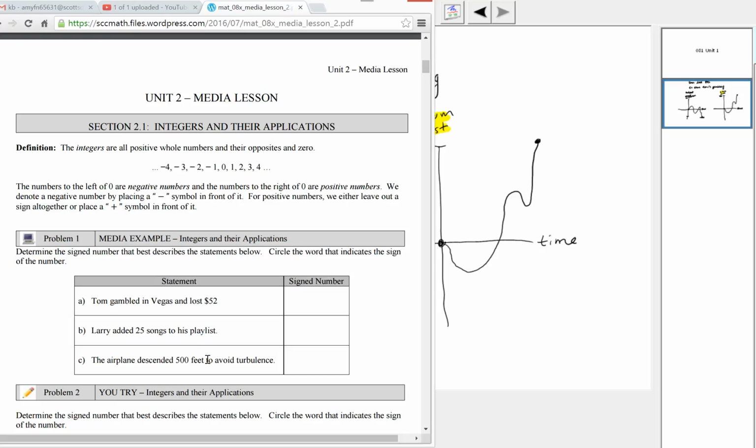And then eventually we're going to ask them to think more about what 0 represents and why this would be negative. So here you're thinking of the number of songs in his playlist, okay, and it's changing in a positive direction. Okay, here we're thinking of the change of the airplane. It's going in a negative direction if we're thinking of the height of the airplane as what we're measuring. Okay, and there's some values that are negative inherently, so you could think about maybe negative temperature, so negative 5 degrees Fahrenheit.